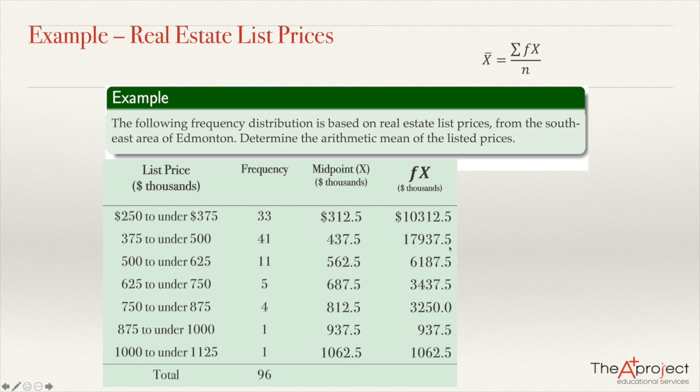10,312.5 plus the other numbers, and I got 43,125. Now that I have the sum of all the fx, I also have the n, that is the sum of the frequencies. The only thing I need to do is the formula. The mean will be the sum of the fx divided by n, so it will be 43,125 divided by 96.